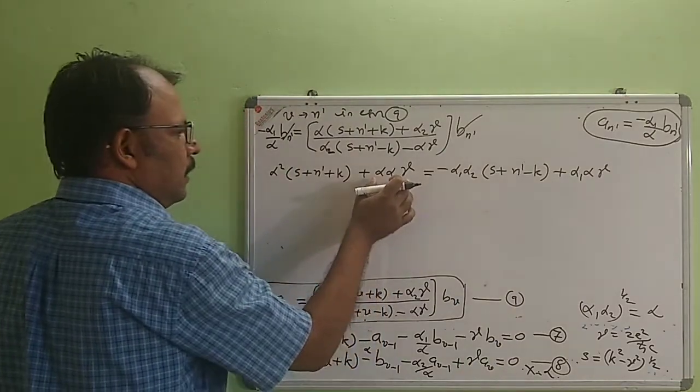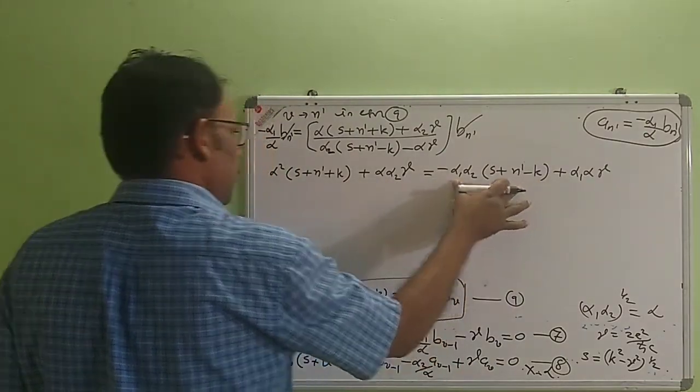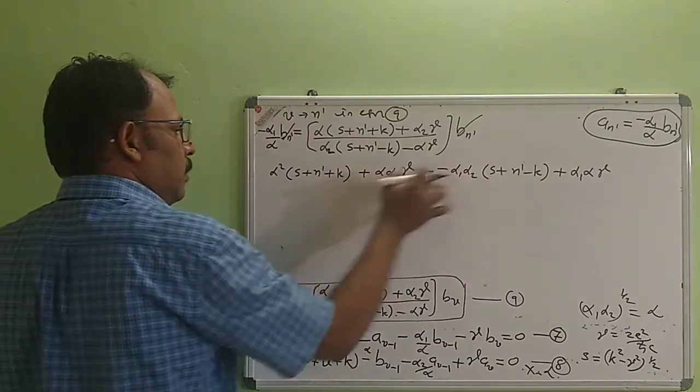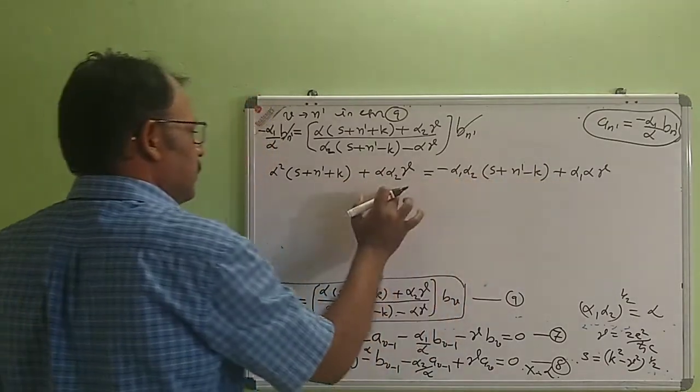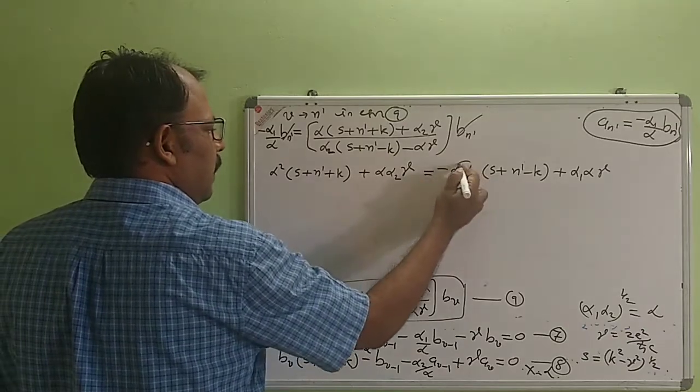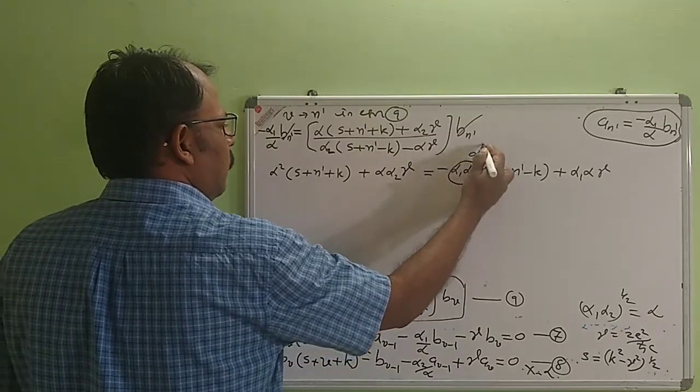Now take the term containing gamma to the left hand side and this term to the right hand side, and this term to the left hand side. When I take this term to the left hand side, alpha 1 alpha 2, what is alpha 1 alpha 2?